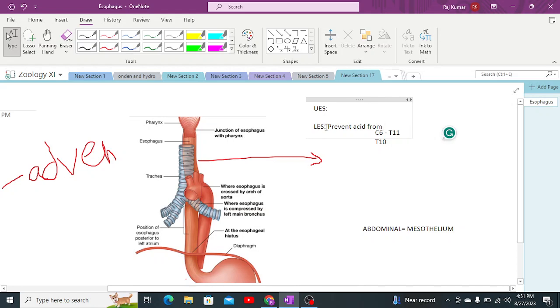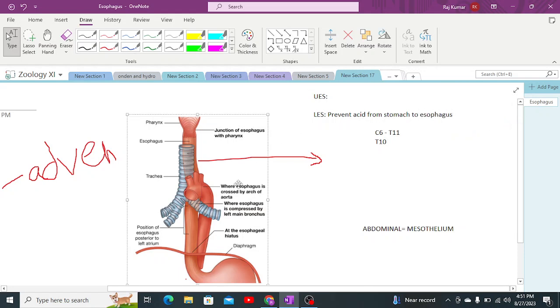That occurs exceptionally in antiperistalsis, but in normal conditions it doesn't take place. The lower esophageal sphincter is also known as the cardiac sphincter, gastroesophageal sphincter, or cardiac gastroesophageal sphincter.